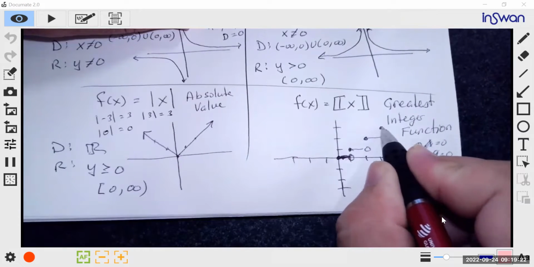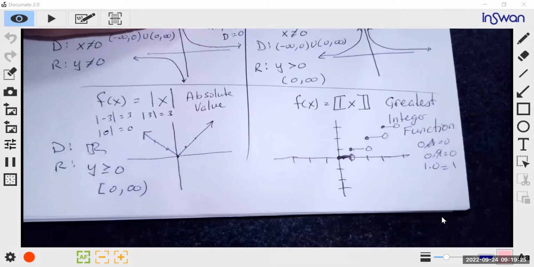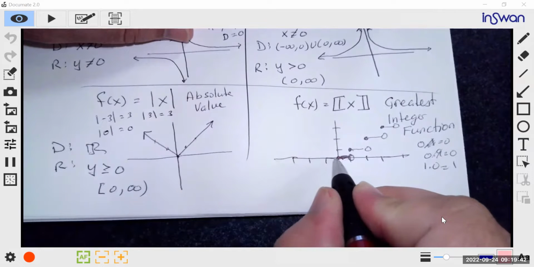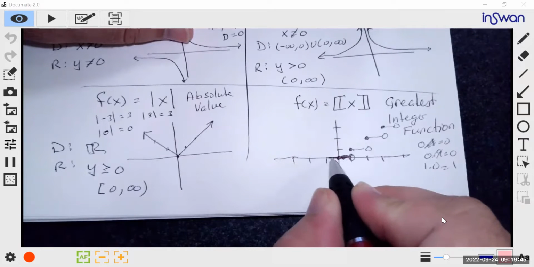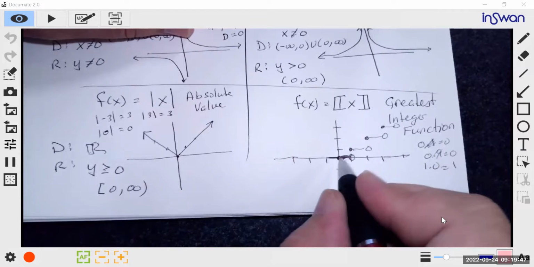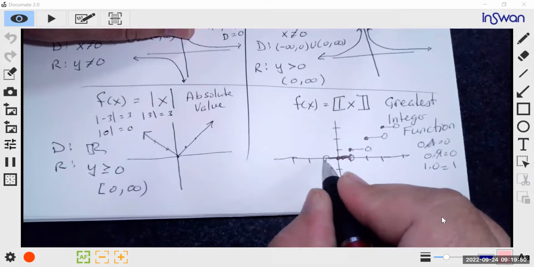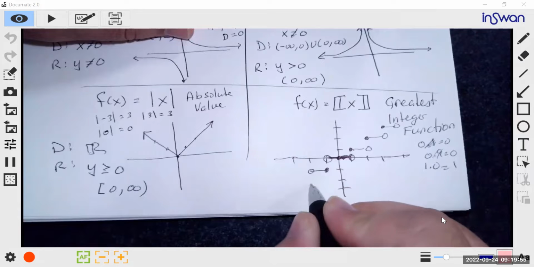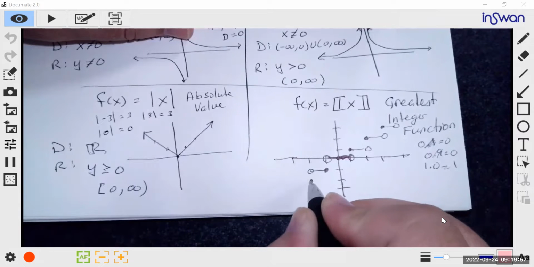Likewise on the negative side, negative 0.3 drops to negative 1, and all the way to negative 1 it stays, then at negative 1 it drops down, all the way to negative 2, then it drops down.